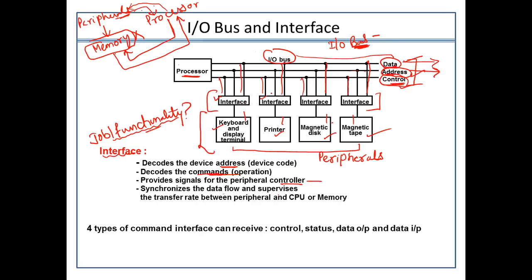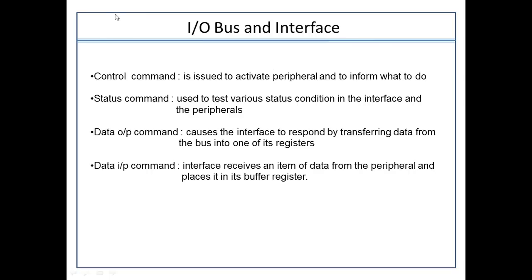Now, how is this entire functionality taken into consideration? There are four different types of commands available within this interface: the control command, the status command, the data output command, and the data input command. Let's understand them in more detail. When we talk about the control command, what does it do?